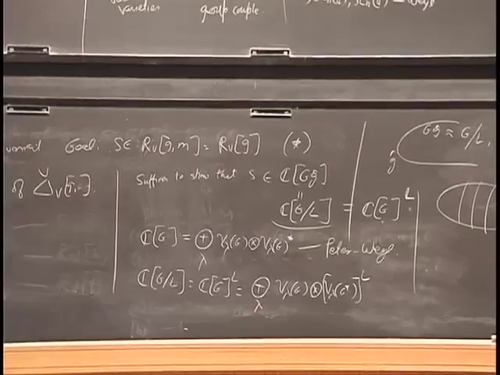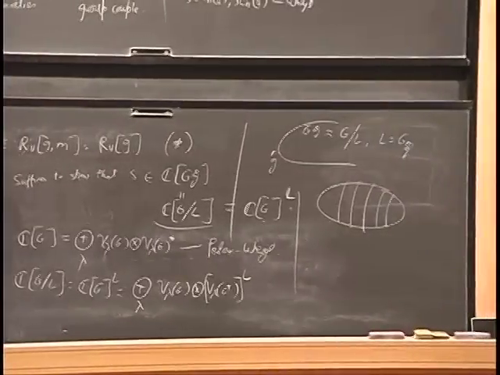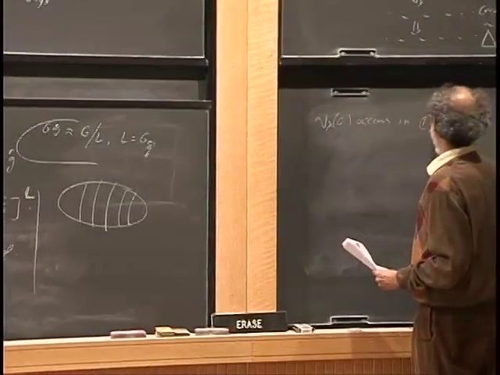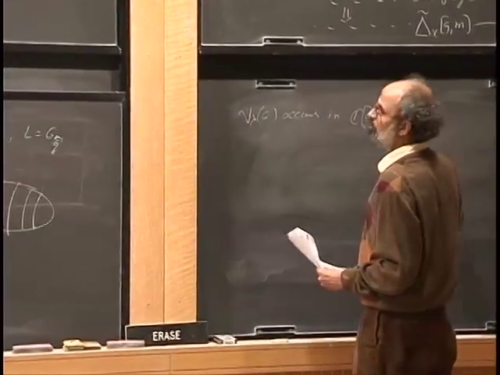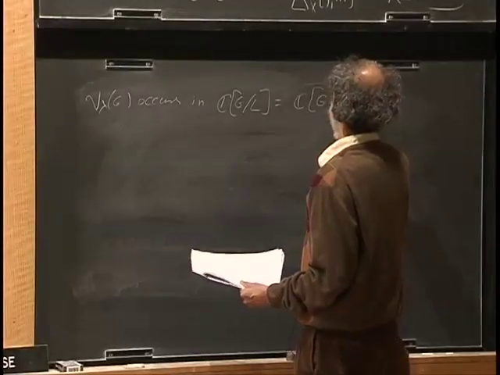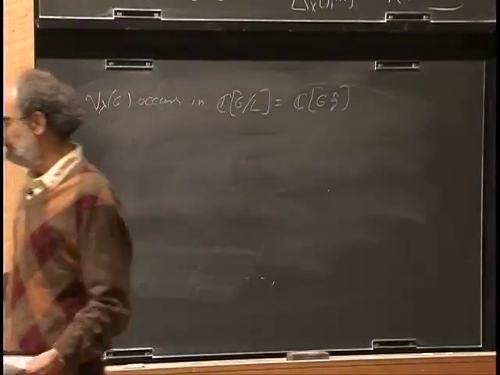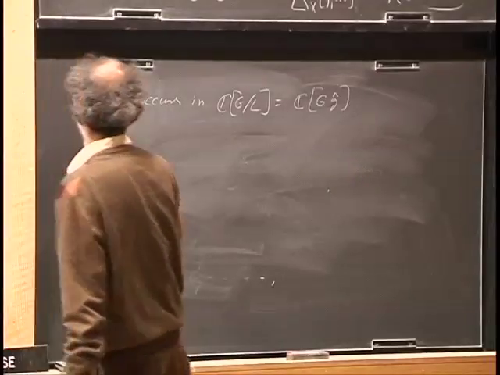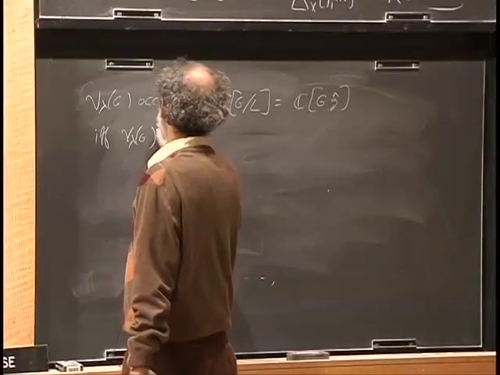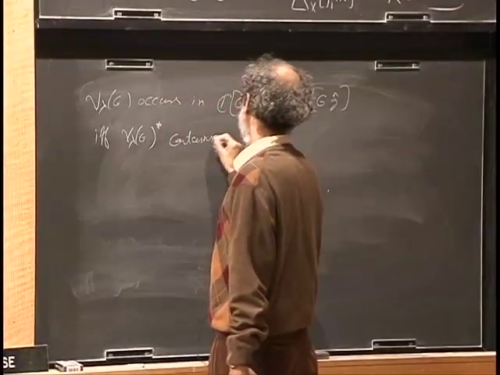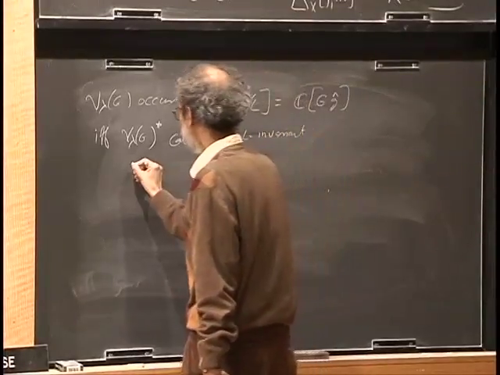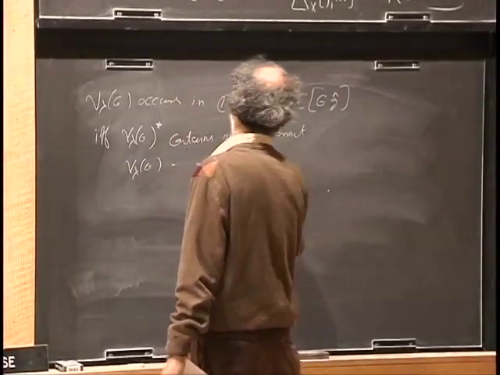So from that it follows that V lambda G occurs in C[G]^L, which is equal to whatever we wanted, C[G hat], if and only if V lambda G star contains an L invariant, which by reductivity is the same thing as saying that V lambda G contains an L invariant.